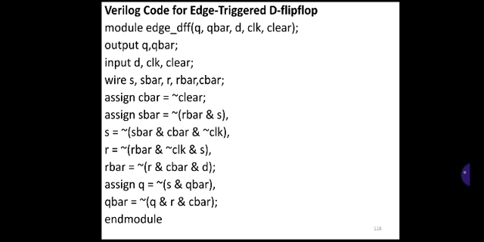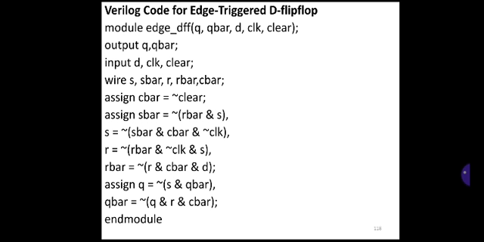Here again to get the NAND output, all together is complemented by using the tilde sign. So this is R. Similarly, R bar is equal to R and C bar and D, all together complemented to get the NAND output. So now the termination sign. So this assign is going to be used for 4 statements: S bar, S, R and R bar.